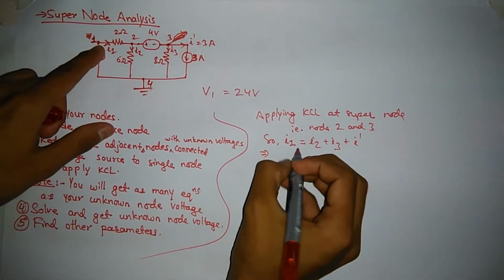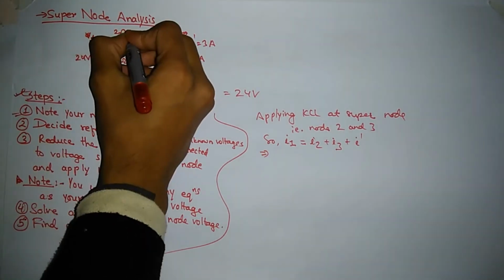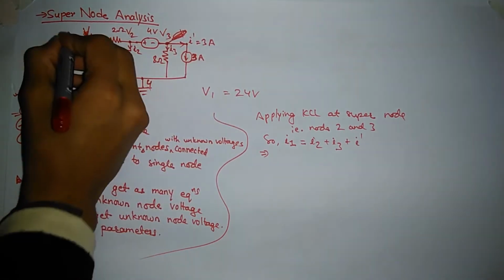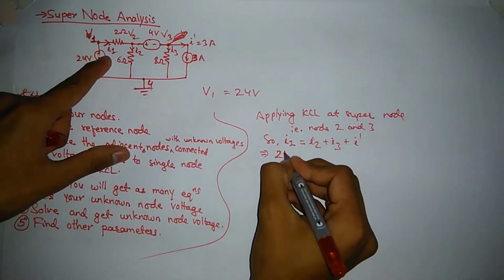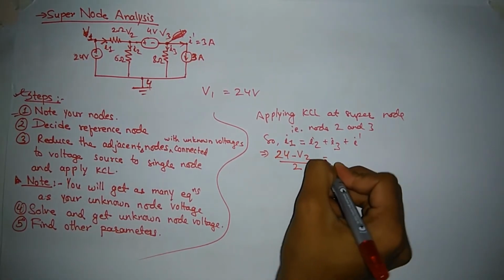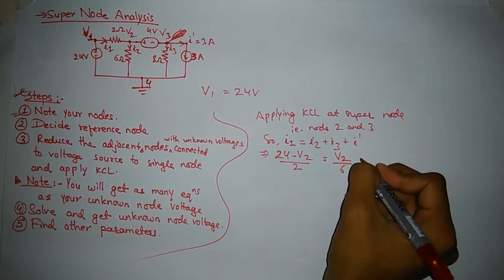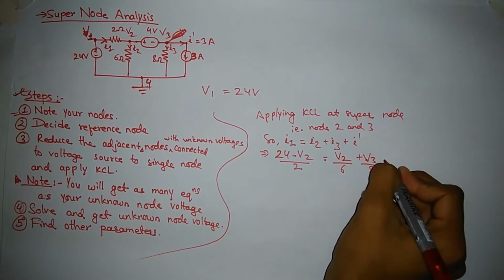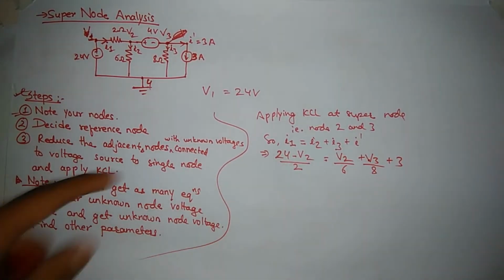I'll call the node voltages V1, V2, and V3. V1 is equal to 24. I1 equals (24 minus V2) upon 2, is equal to I2 equals V2 by 6, plus I3 equals V3 by 8, plus 3.